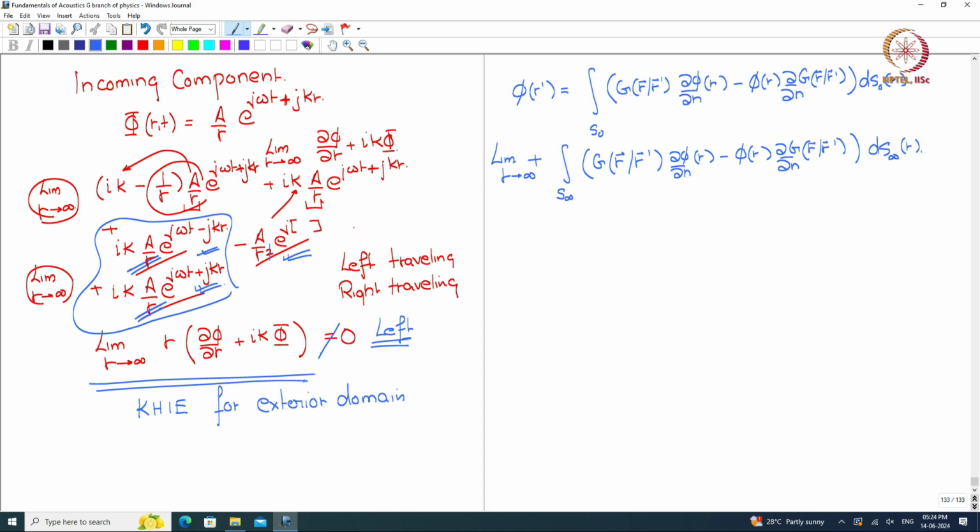Okay. Earlier we said none of these expressions can survive infinity. So, just by that argument we set this integral to 0 straight away. Okay. Now, what we say is we are going to center it, let r dash be 0.